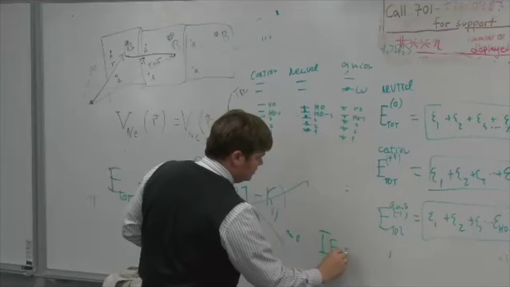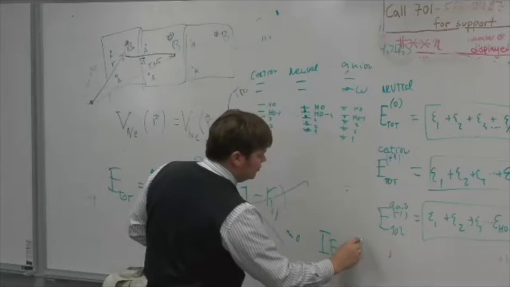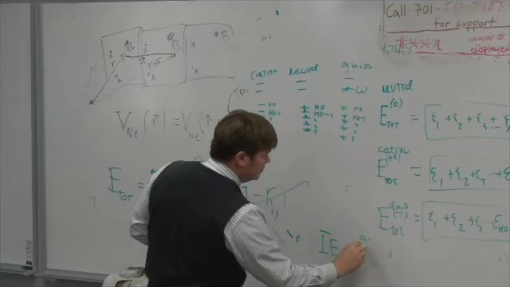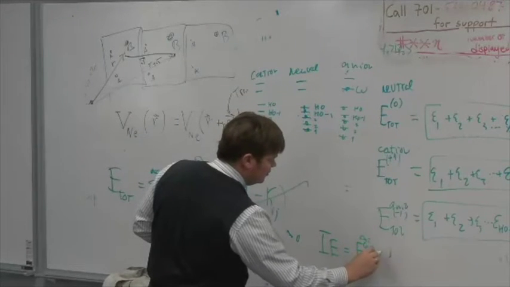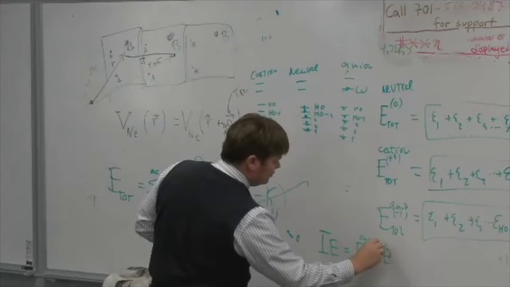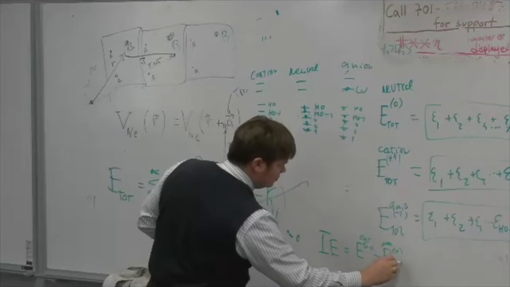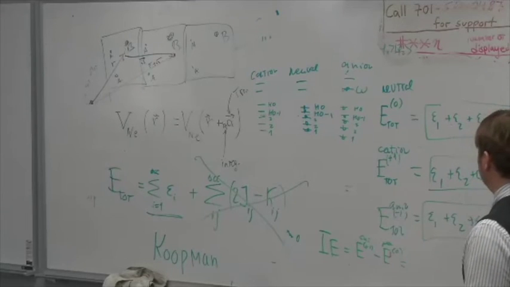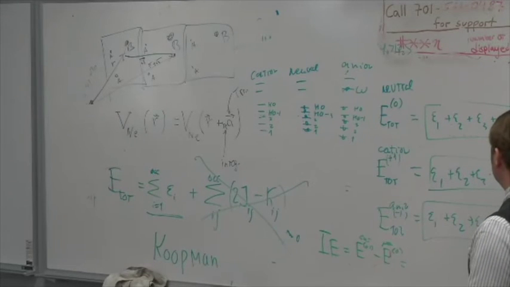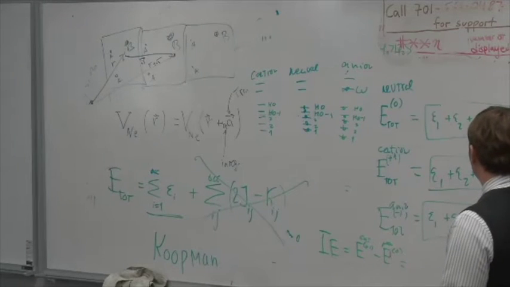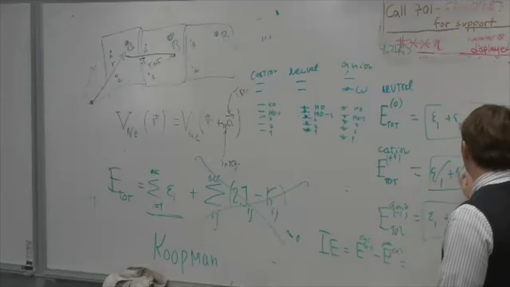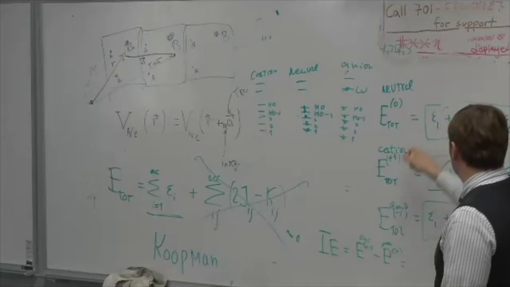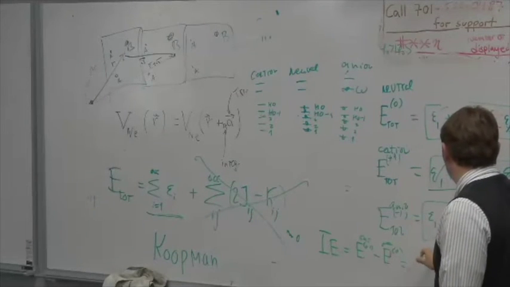Ionization energy is the energy of the cation minus the energy of the neutral. This one minus this one, so all these terms cancel and you get minus E HOMO.